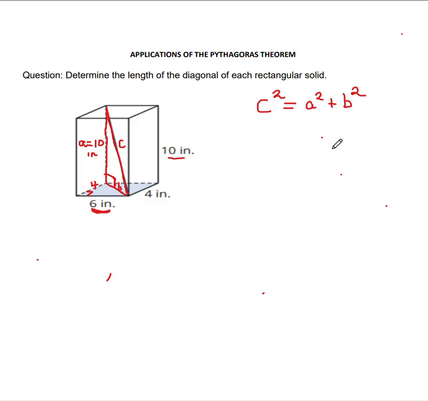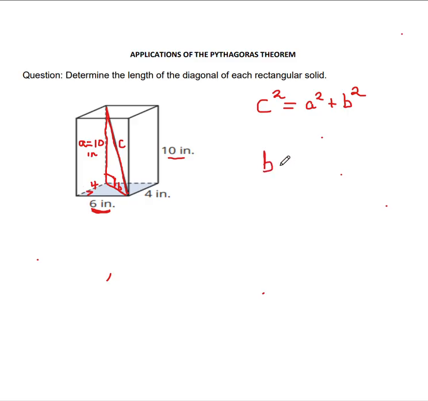C squared, which is the square of the hypotenuse, is equal to the sum of the squares of the other two sides in the right triangle. So what we're focusing on right now is simply determining the value of B, because we need the value of B in order to eventually calculate the length of this leading diagonal in the rectangular solid. So in order to find B, we're going to use the principles of the Pythagoras Theorem.